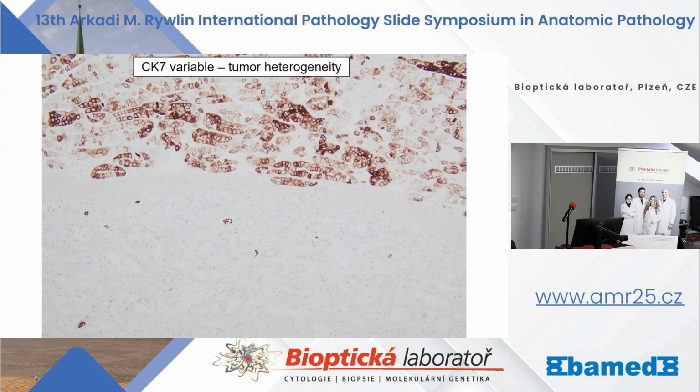Then the second stain, which I can recommend, is CK7. These tumors are typically diffusely positive for CK7. However, even in this tumor there may be heterogeneity in the staining pattern.